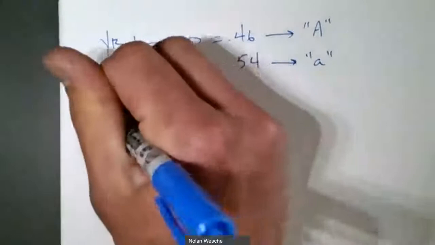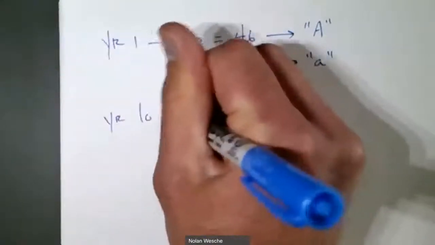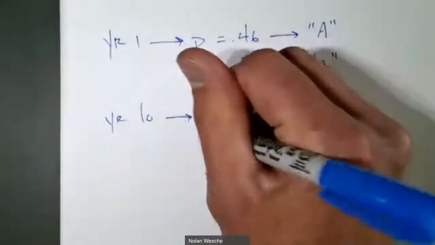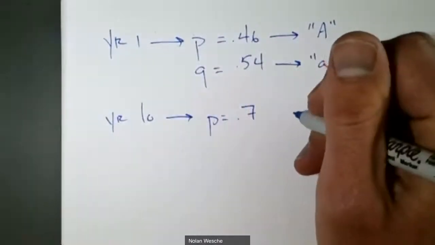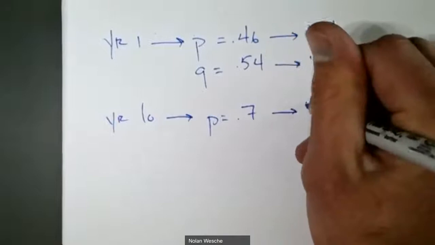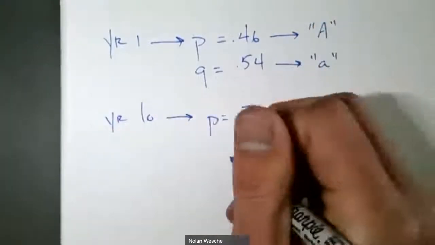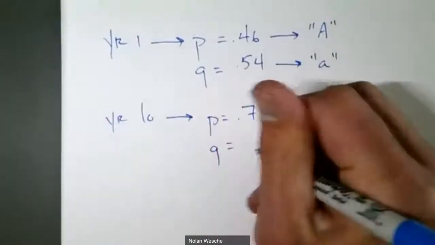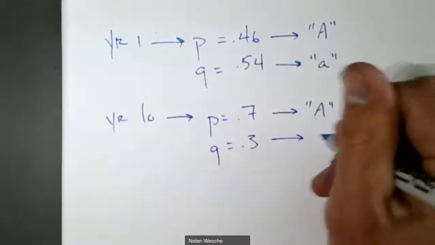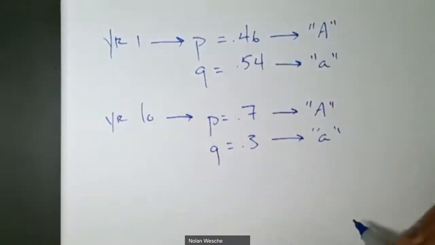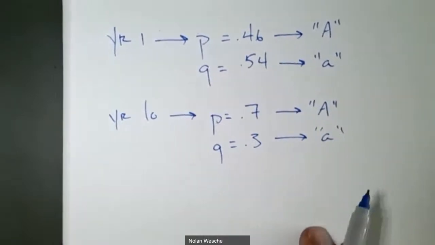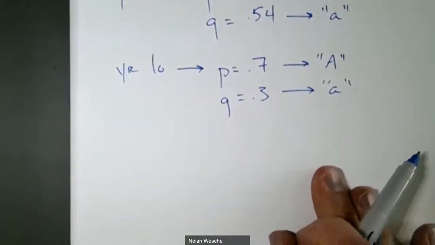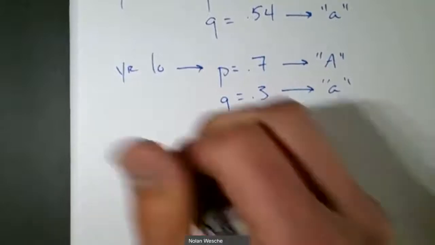Then let's say I came back 10 years later, and now my p value, my dominant allele frequency, is 0.7. It's 70%. And then I calculate q, which is obviously going to be the remainder, 30%. So what does this tell me? This tells me that evolution occurred, that allele frequencies have changed. That's the definition of evolution, the change in allele frequencies over time.